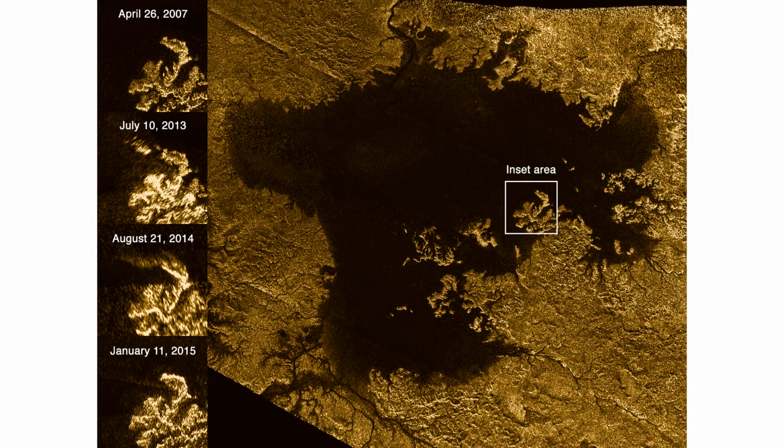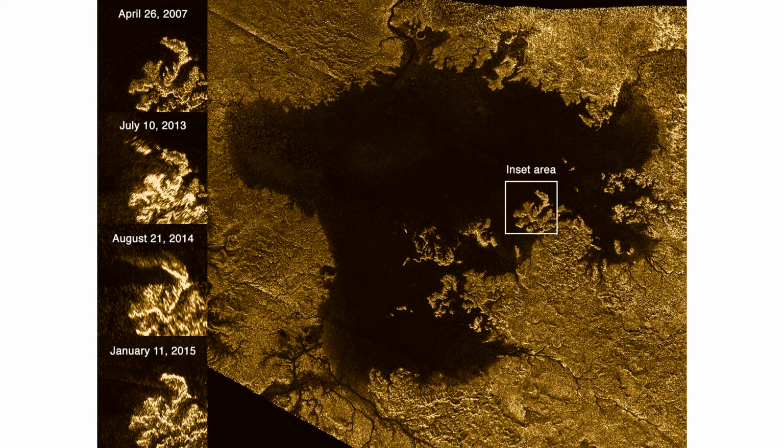Now, this picture is showing us the changes in Titan that take place over a season. So if you see the little square, that's the area that's shown in these four pictures on the left.